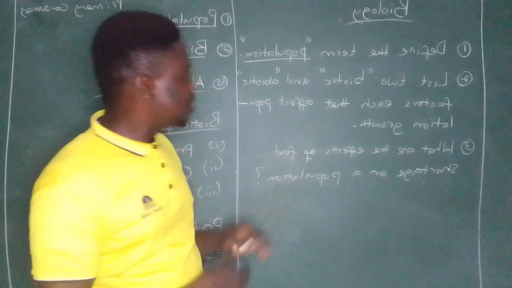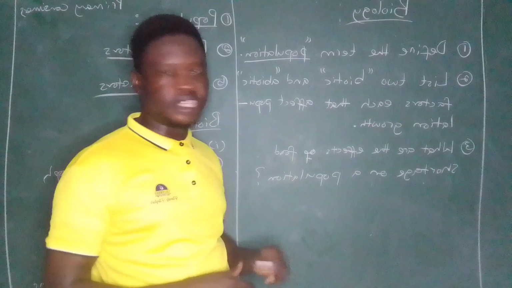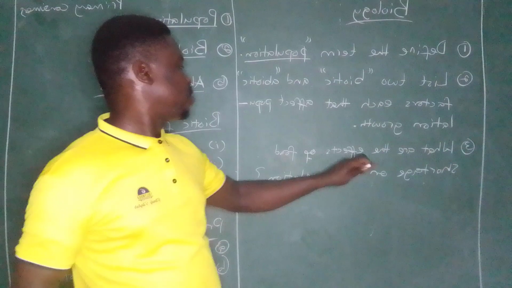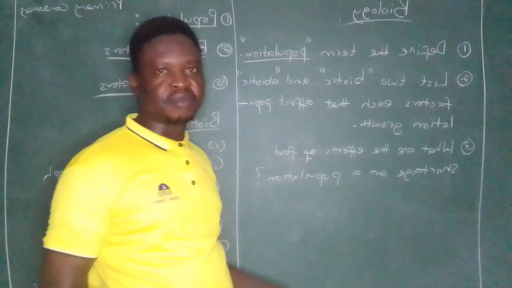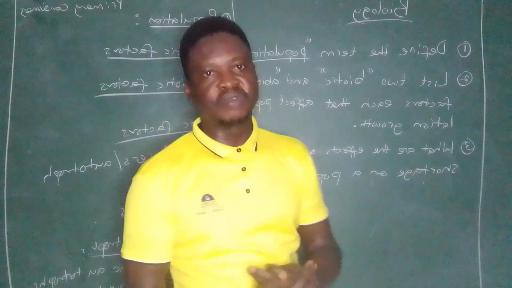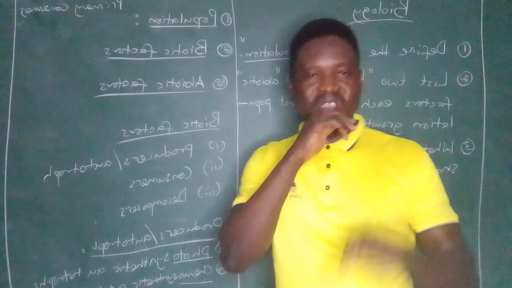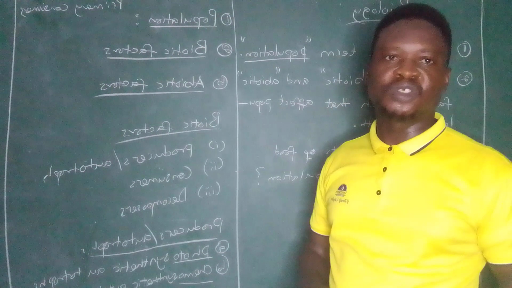Alright, let's look at the last question and we are done for today. What are the effects of food shortages on a population? When you don't have enough food, what will that cause in a population?